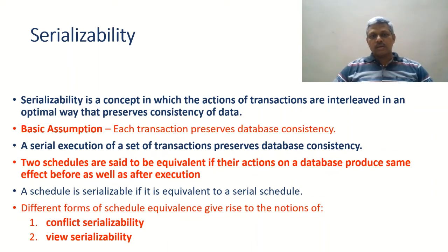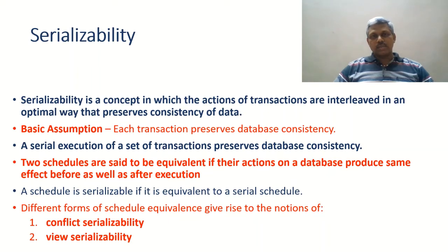And we say that two schedules are said to be equivalent to each other on a database if they produce the same output with respect to the database objects which are consistent at the end of the schedules. If two schedules are like that, then we call them equivalent.